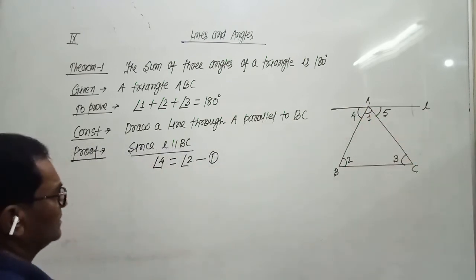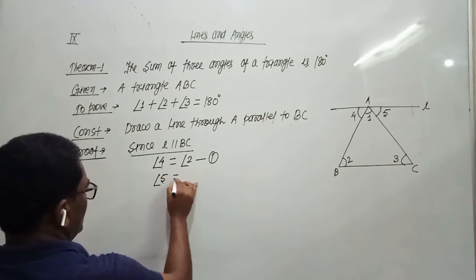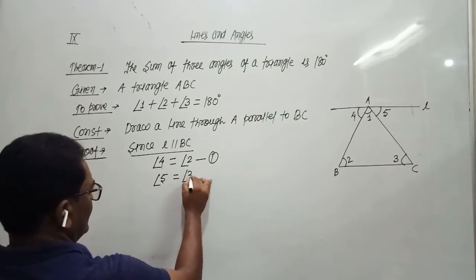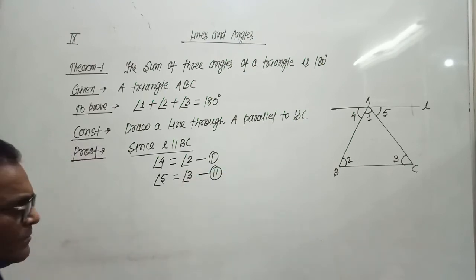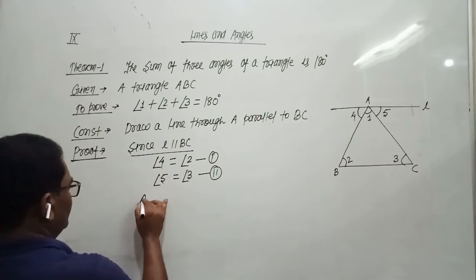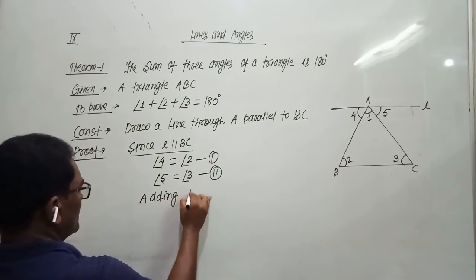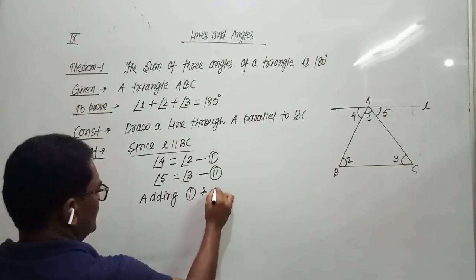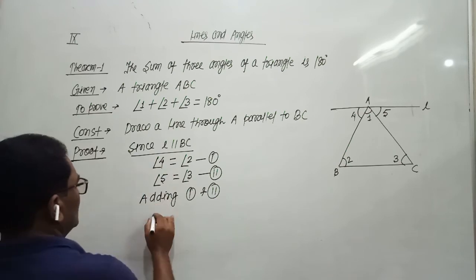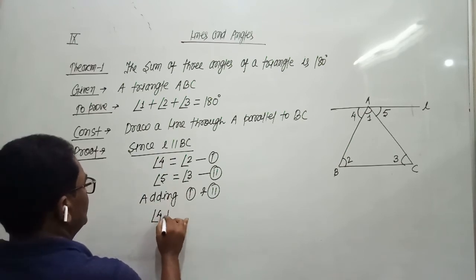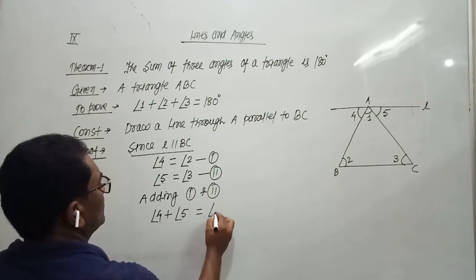In the same way, line L is parallel to BC and AC is the transversal. So angle 5 equals angle 3. This is the second equation. Now adding the first and second equations, angle 4 plus angle 5 equals angle 2 plus angle 3.